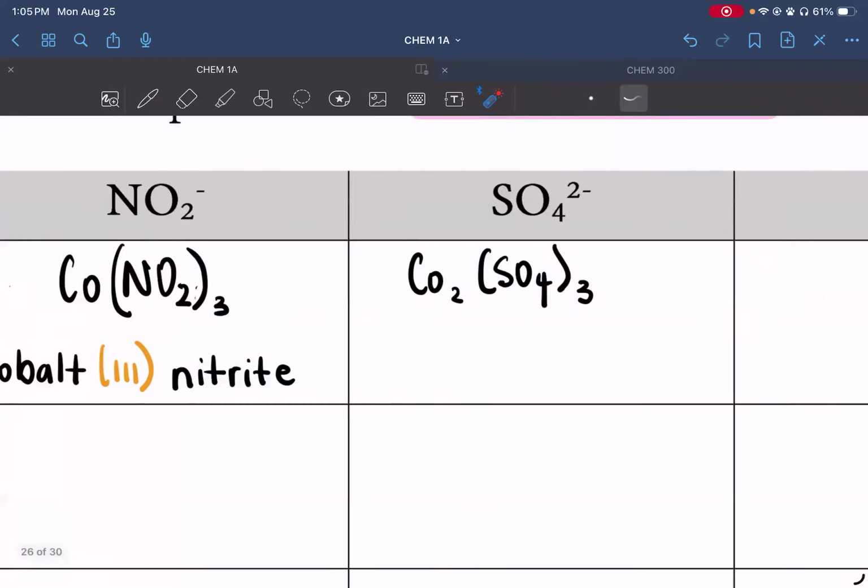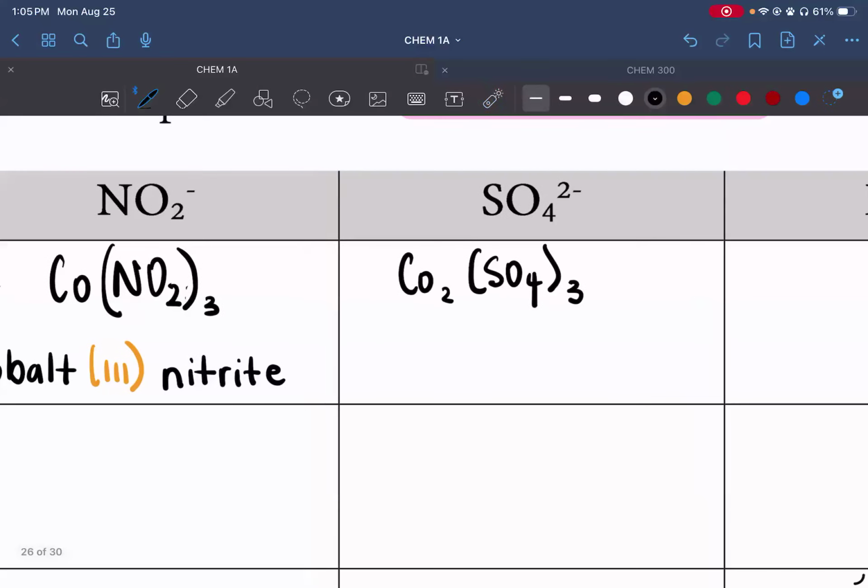Let's go a step further and try to name this now. What we have here is cobalt(III) sulfate. We do not need those Greek prefixes. This will not be dicobalt or trisulfate.